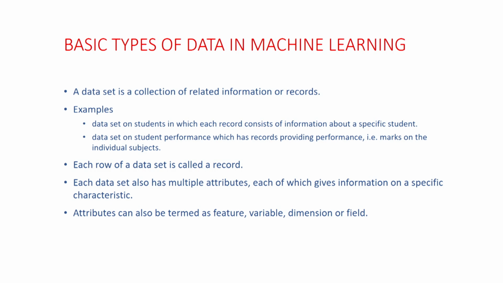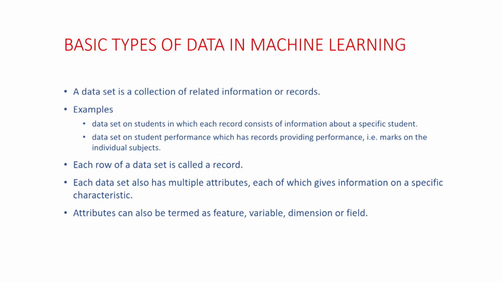In the same way, if we talk about a student performance data set, in that case we will have records of performances of different students. So, here the features will be student name, student marks, student subject and so on. So, in the data set each and every row corresponds to an instance or record.